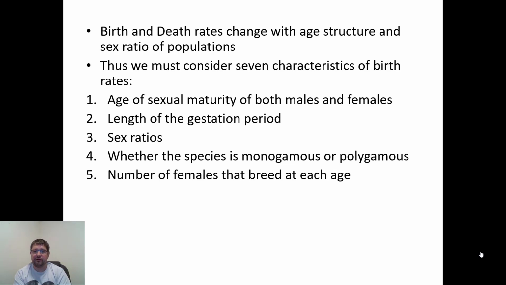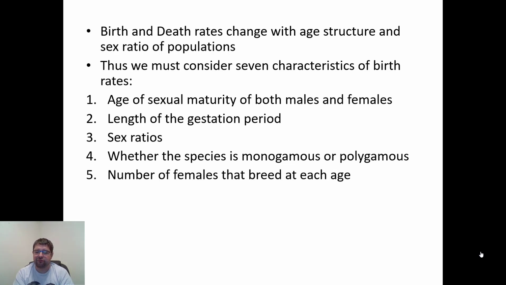And then, just like starting off slow, you end slow, and you have fewer offspring as the female gets older. So the age of the female is also important. Okay?